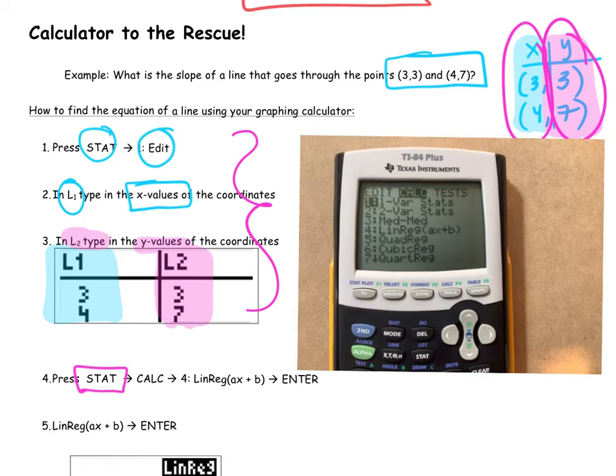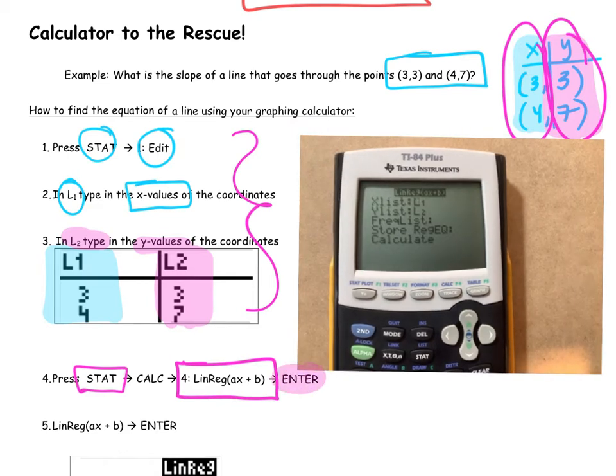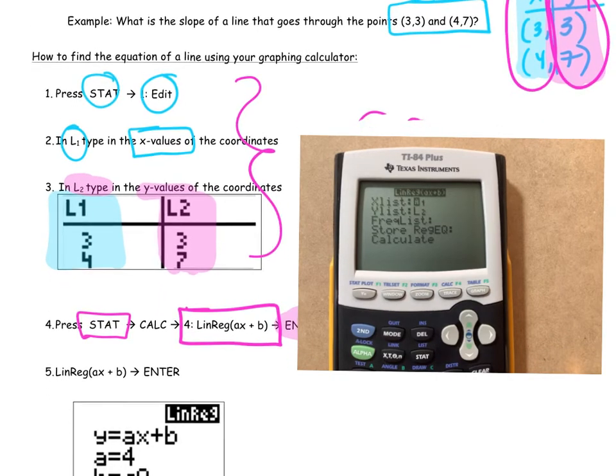And we're going to scroll down to number 4, that says linear regression of ax plus b. So I'm going to scroll all the way down to 4, click enter. We're almost there.